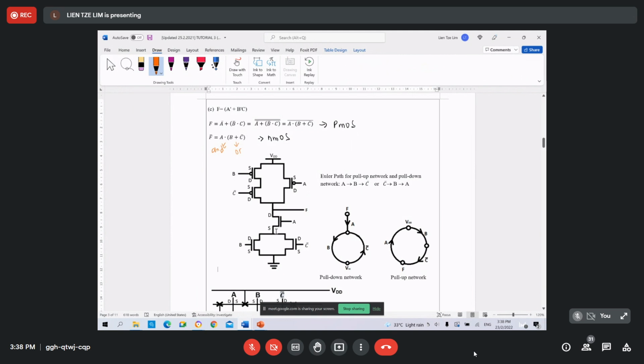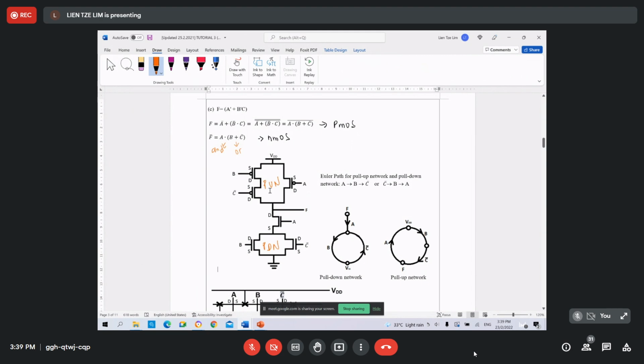So you see this is the configuration in the pull up network, and this is the pull down. In the pull up network, the configuration is opposite if compared with the pull down network.